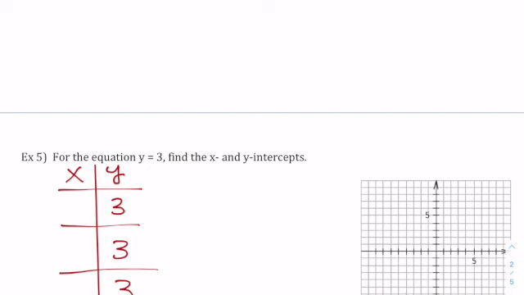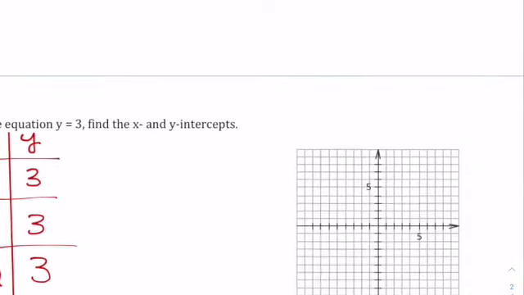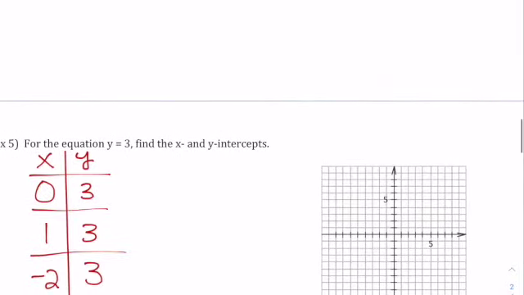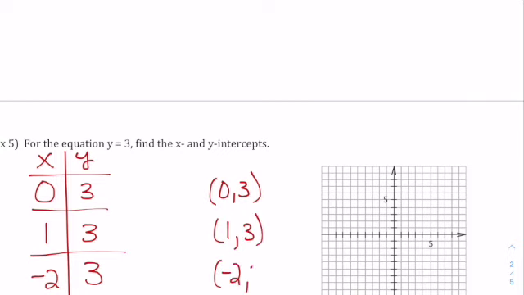Well, x could be anything. So in this case, if I pick x equals 0. But for the rest of them, there's no other 0. Y cannot be 0. So you are just going to have those points to deal with. And when you plot it, those are your ordered pairs: (0, 3), (1, 3), (-2, 3).